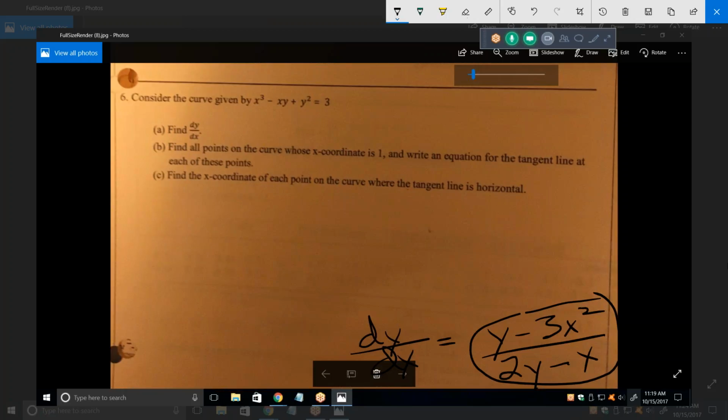So B: find all points on the curve whose x-coordinate is 1 and write an equation for the tangent line at each of these points. I don't know how to do that. Well, I'm not sure I do either. y minus 3, if I substitute x for 1. Hold on a minute. This is the derivative.